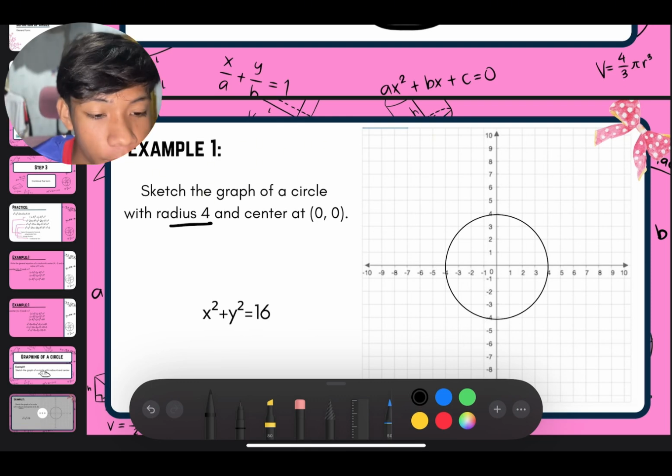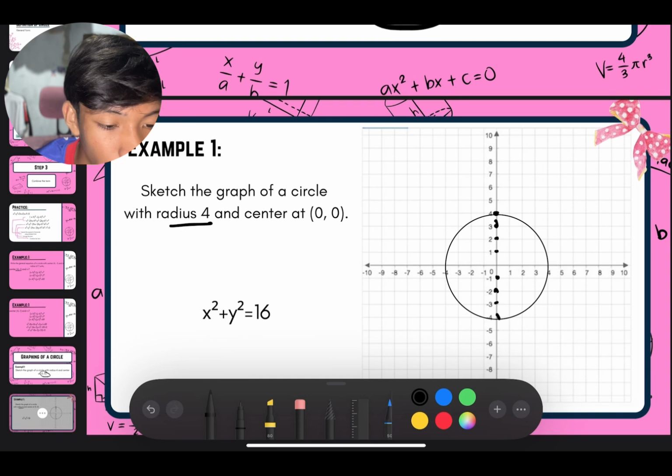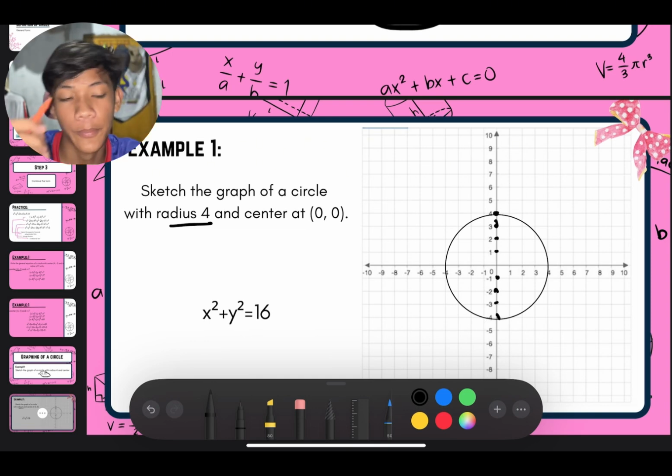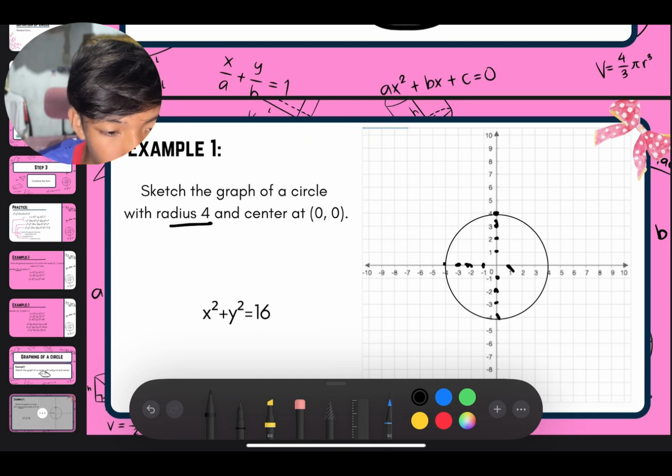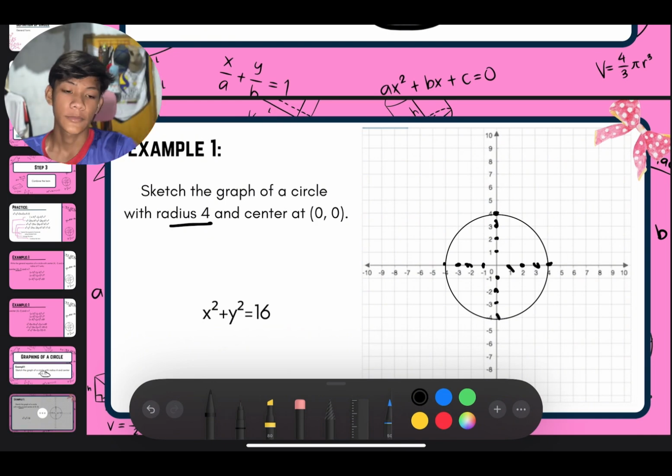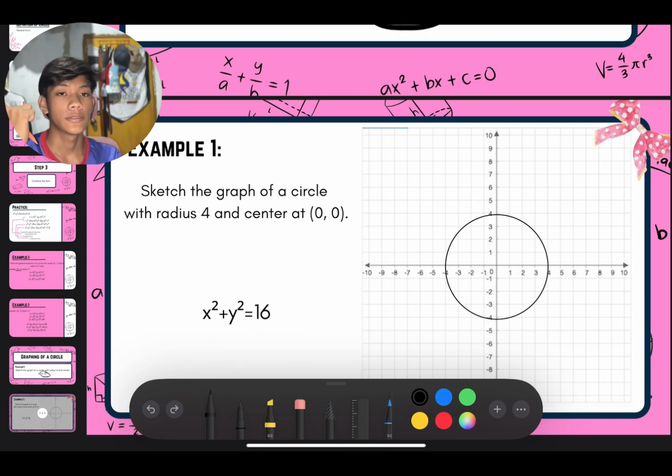So 4 points up and 4 points down: 1, 2, 3, 4. 1, 2, 3, 4. Same for left and right: 1, 2, 3, 4. 1, 2, 3, 4. That's how we get the perfect circle. So that is the process of solving the standard form, then solving the general form, then graphing a circle. That's it for the circle.